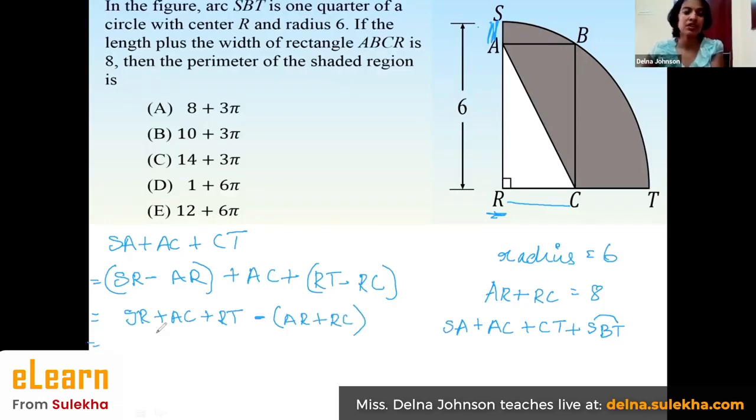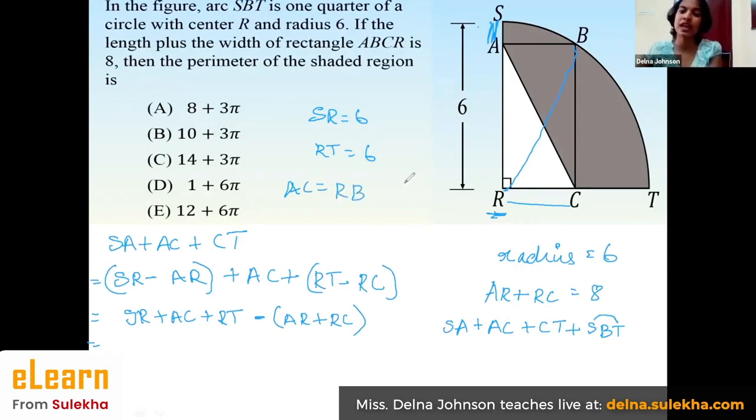Okay, so over here SR is 6, which is the radius, and we also know that RT is again 6, the radius. So what is AC here? We don't know what AC is, right? AC is the diagonal of this rectangle. We always know that the diagonals of a rectangle are of the same length. So AC is equal to RB.